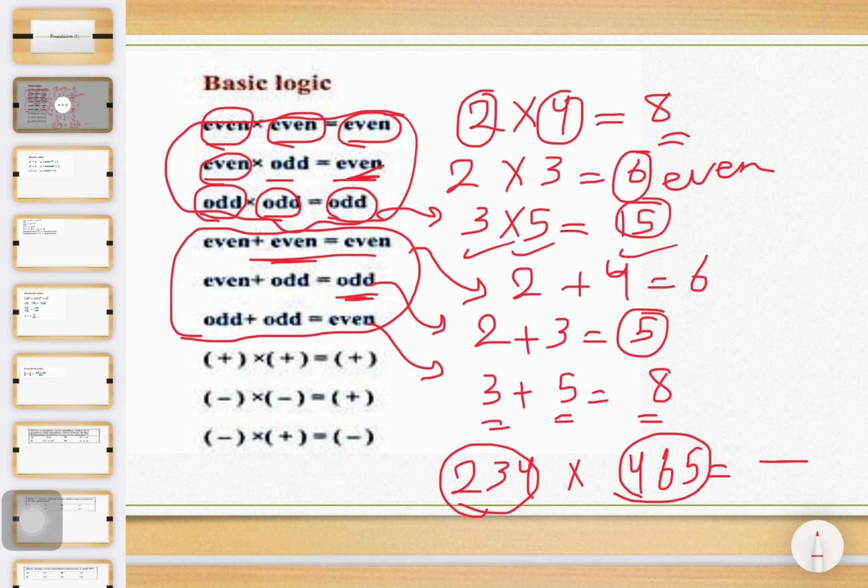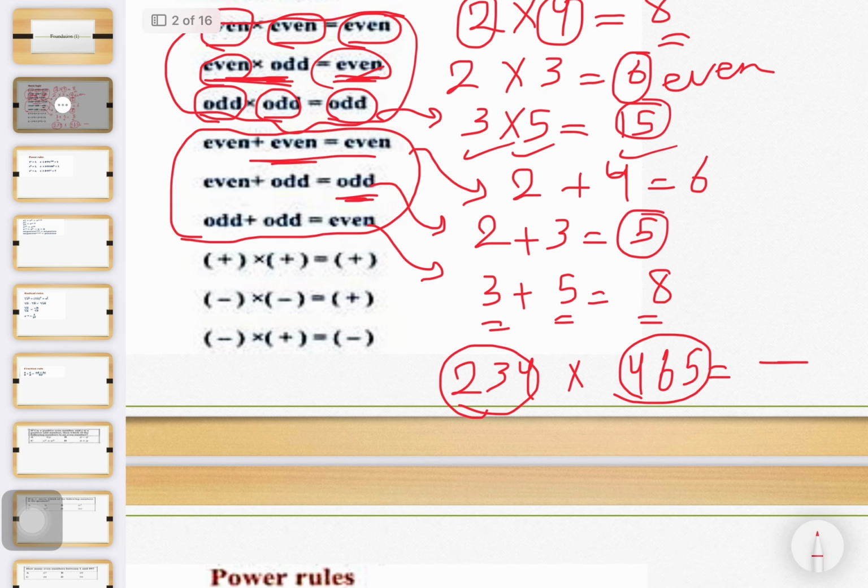If you multiply an even number by an odd number, it gives me an even number. So if I have the choices, I will take the even choice without getting the exact answer.